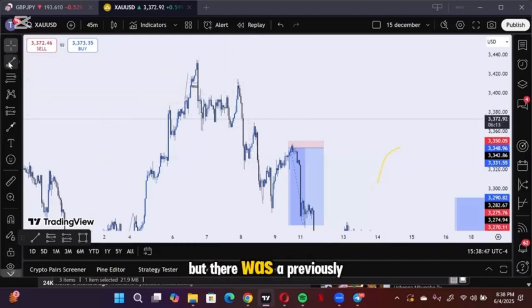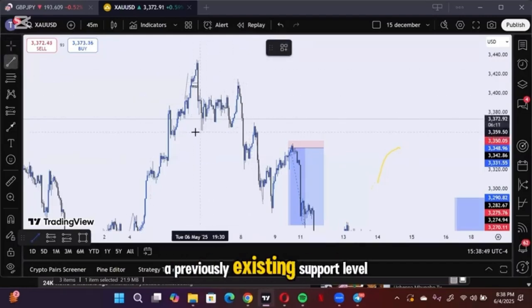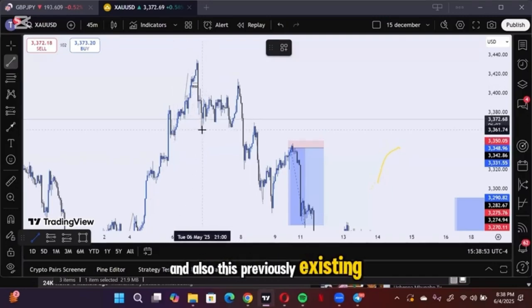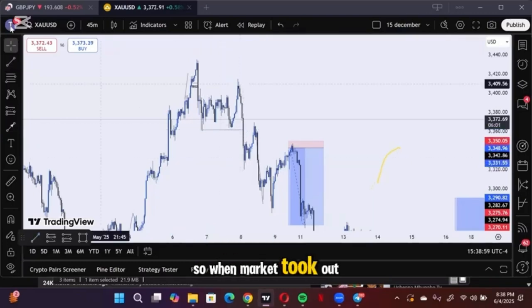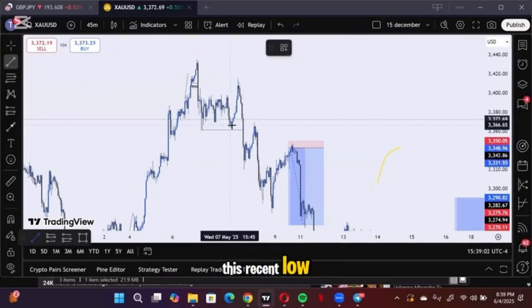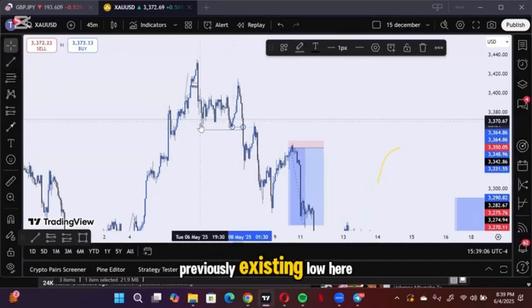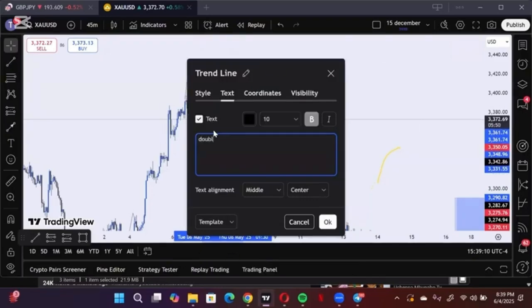Look, there was a previously existing what? A previously existing support level here, and also this previously existing low here. So when market took out this recent low, while also taking out this previously existing low here, this is what you call a double break of structure.